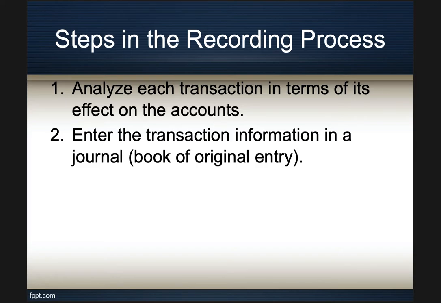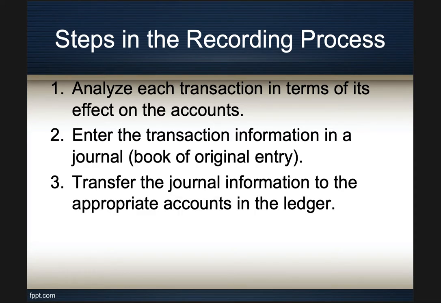Although I will be discussing it more later on, just to give you an overview, a journal is a book of original entry because it is where all the transactions that affect the business are initially recorded. Then after that, this information is transferred to the appropriate accounts in the ledger.